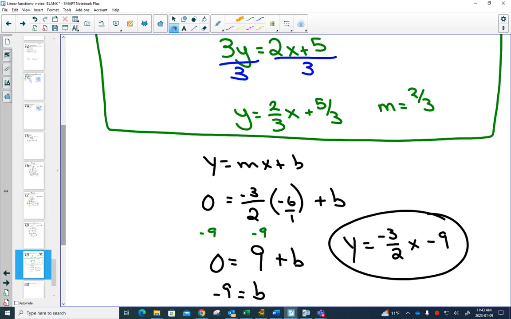So the idea that we've been doing now for like 3 or 4 classes, find the equation of the line, does not change. The only thing that changes is how they disguise the 2 things that you need. You need the slope, you need the point. This one was the hardest way they can disguise the slope.